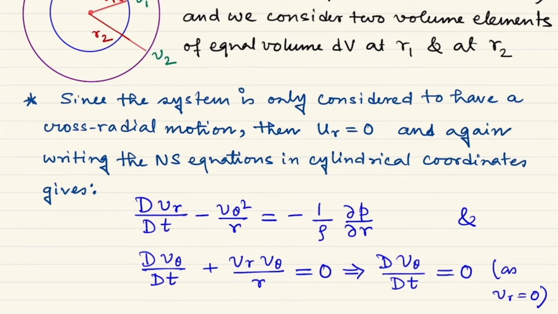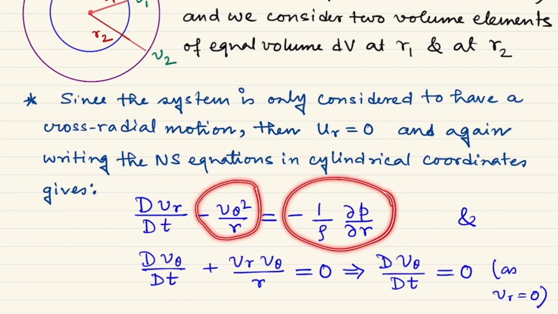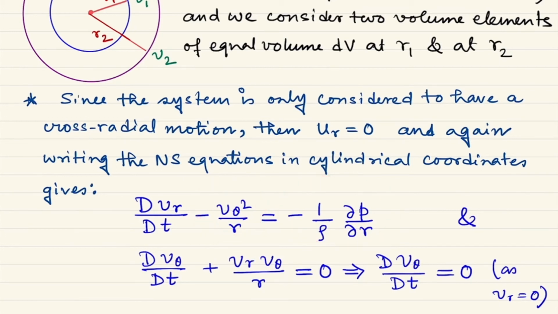That means we are now concentrating on a fluid element or fluid particle. So dVr/dt minus v theta square by r is equal to minus 1 by rho del p del r. So the acceleration of the fluid element is due to two things. One is the centripetal acceleration and one is the pressure gradient force. And this is the net acceleration.